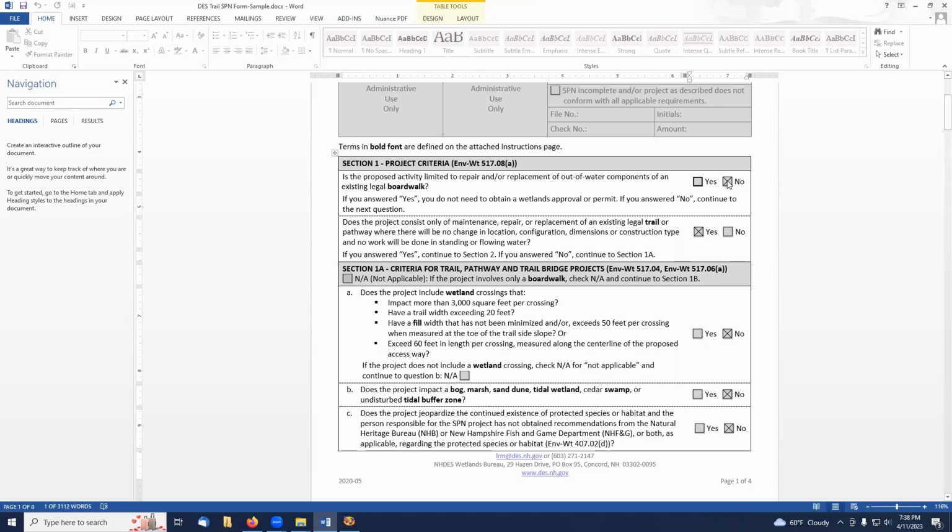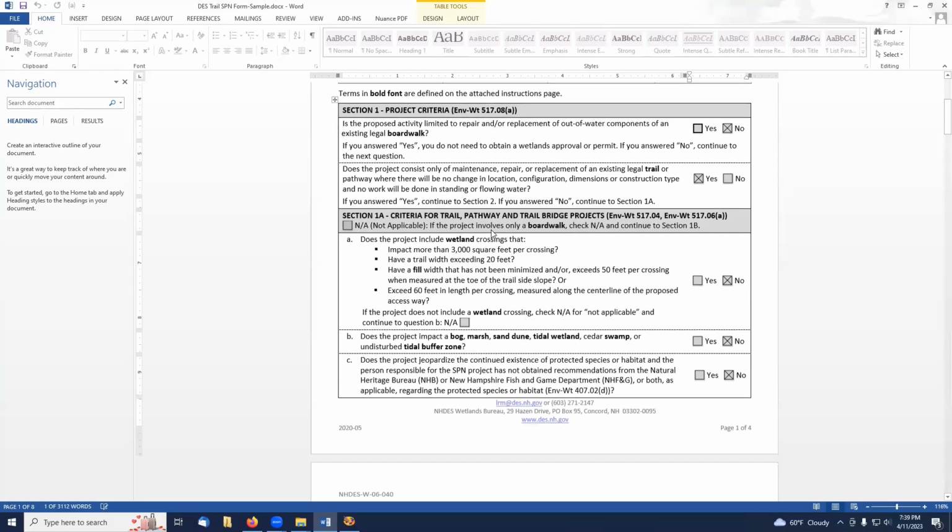I have built a boardwalk bridge in the past, but in this case, we're doing a culvert, so the answer is no. Does the project consist of maintenance, repair, replacement of an existing legal trail or pathway where there'll be no change in location, configuration, dimensions, or construction type, and no work done in standing or flowing water? Answer is yes. It's only a maintenance project.